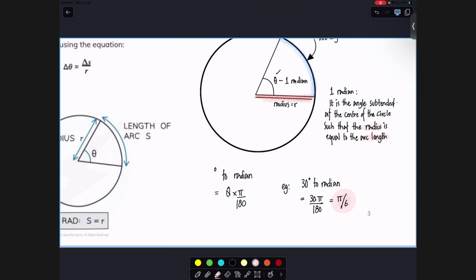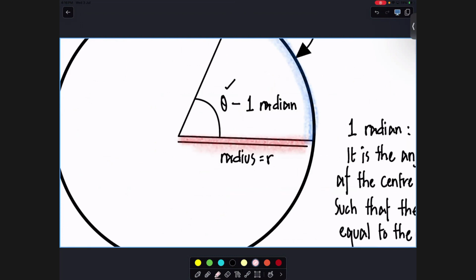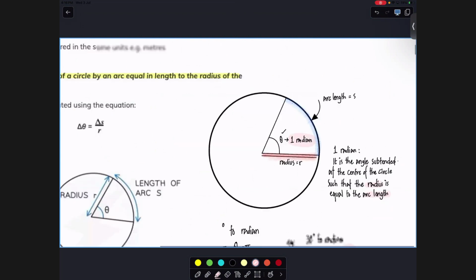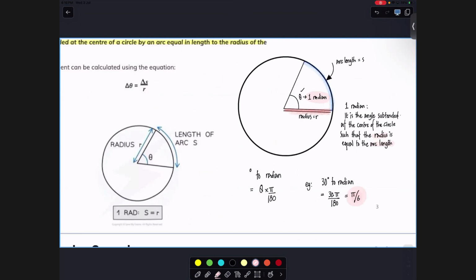No, theta, that angle is 1 radian. The angle that's subtended here is 1 radian. Can anyone find me? Can you do the reverse for me? 1 radian is how many degrees? So তোমার একটা idea হবে যে কতটুকু angle cover হয়.